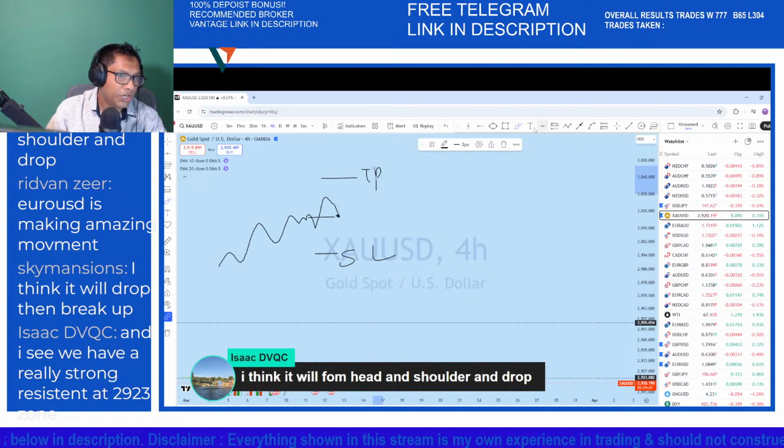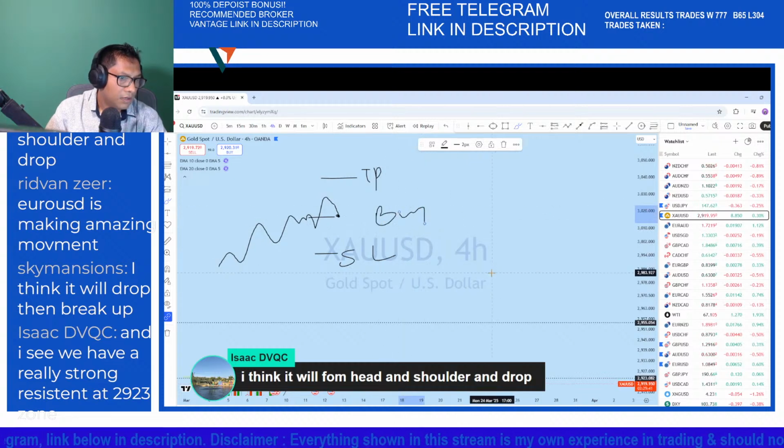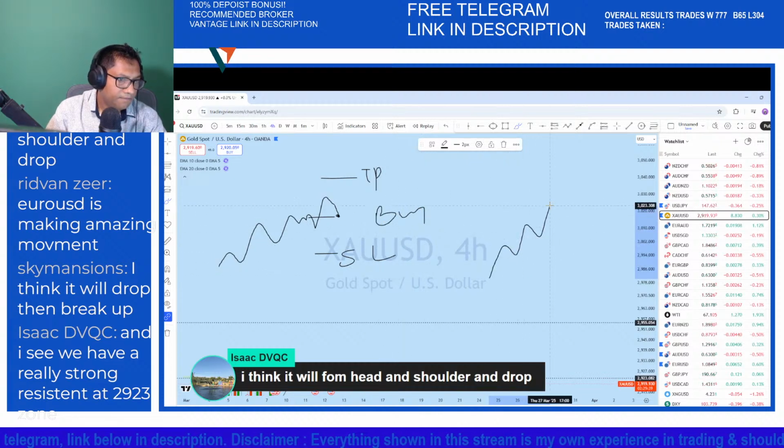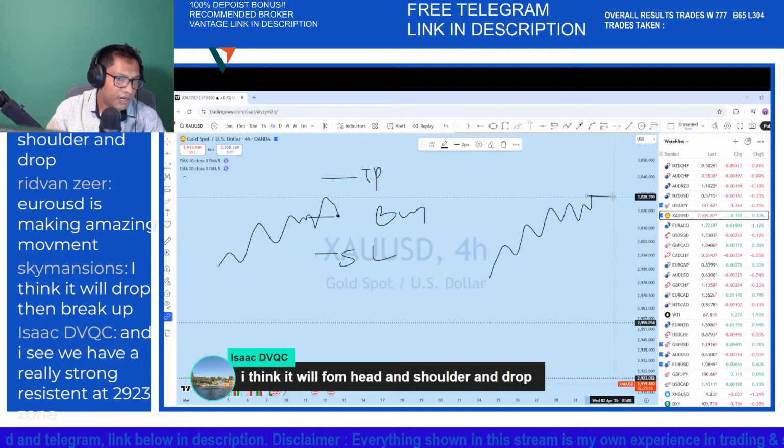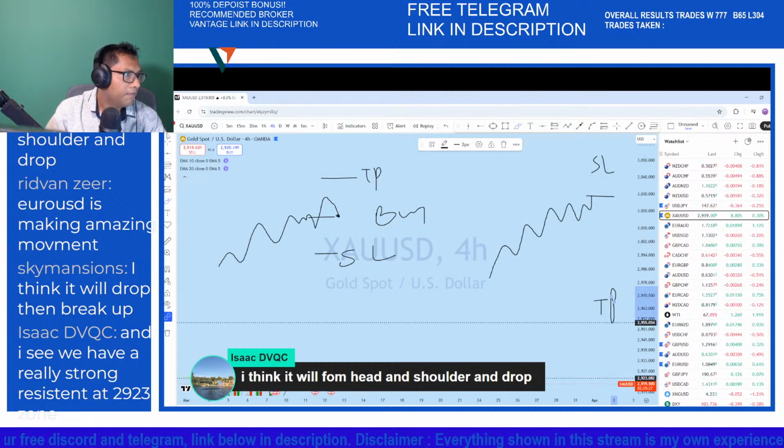One trade, it's a buy trade. Now the other trade like this, and then on the market here, you have sold, stop loss here, TP target here.